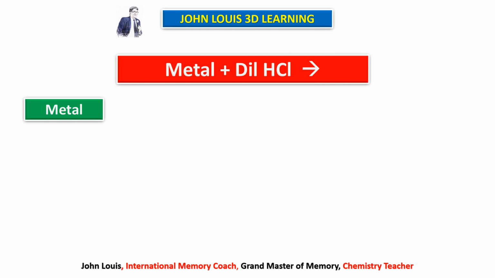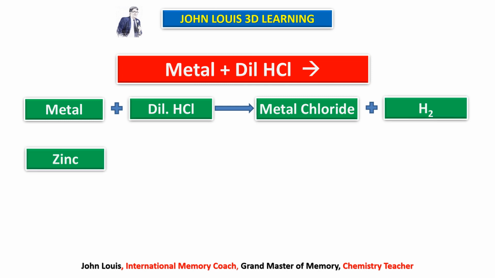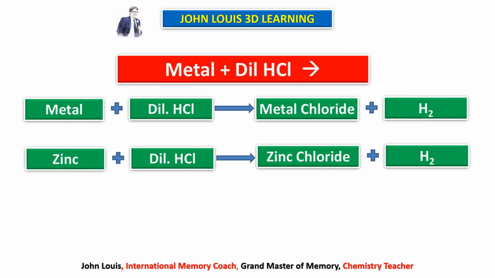What does the rule say? Metal plus dilute hydrochloric acid gives metal chloride plus hydrogen. For example, take the metal zinc. Zinc plus dilute hydrochloric acid will give zinc chloride plus hydrogen. That's the standard rule. What we should know is how to write the formula of these compounds.